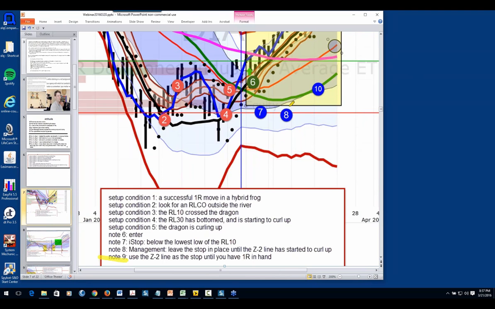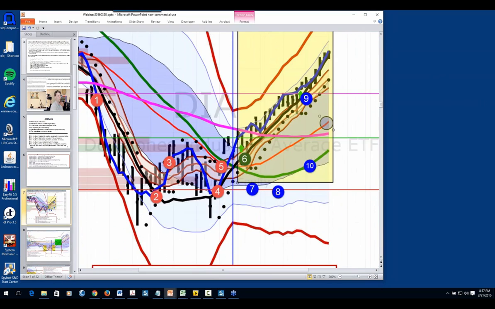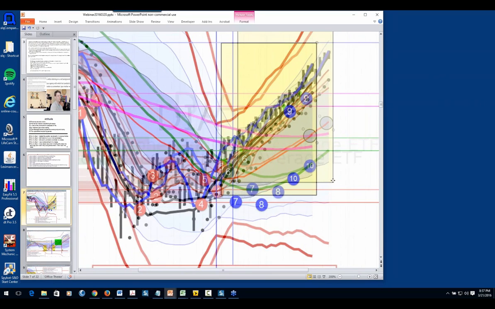Then note number 9, we're going to use this Z2 line as the stop until we get an R in hand. All right? And then we'll just adjust from there based on our own judgment. So let's see what that looks like.